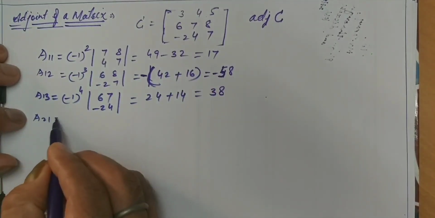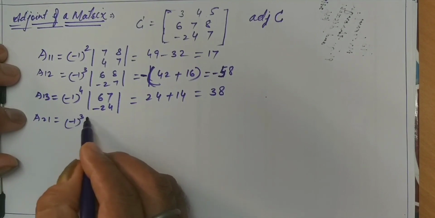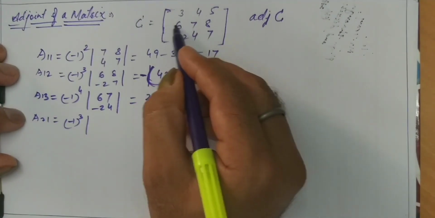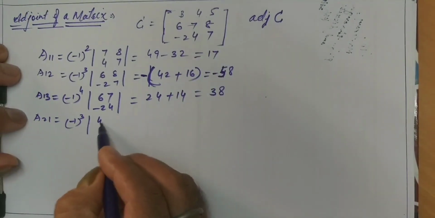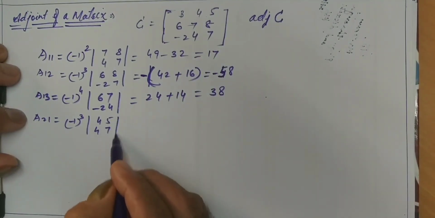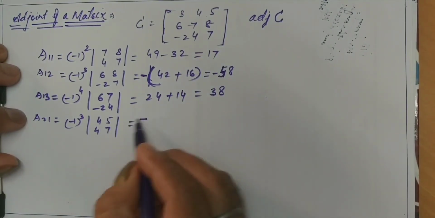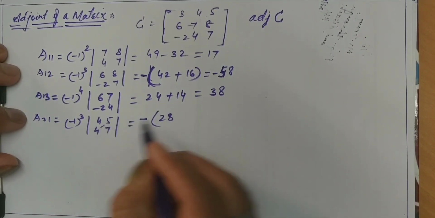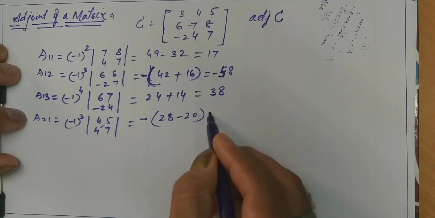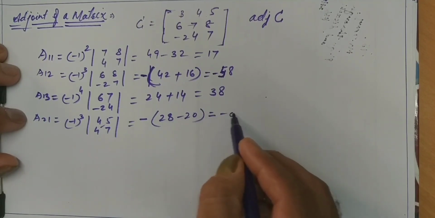A21, minus 1 to the power 3. A21 means 6, so leaving this way 4 5 4 7, minus 1 to the power 3, 28 minus 20, which is equal to minus 8.